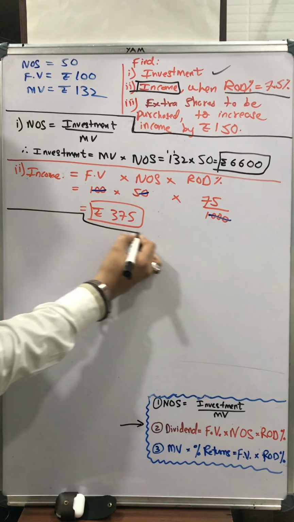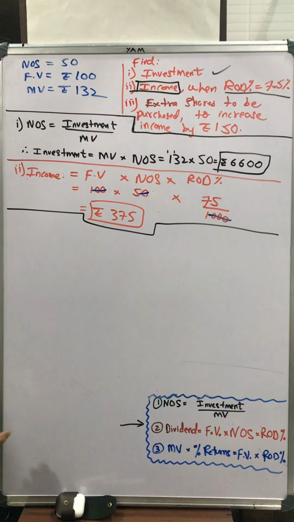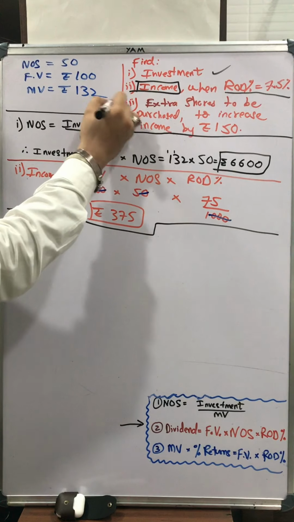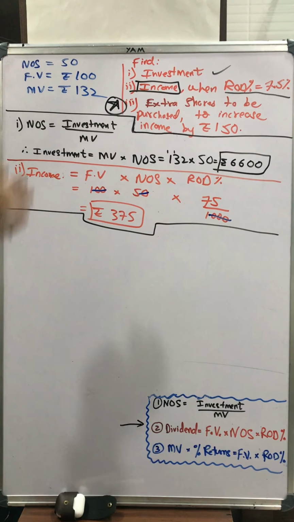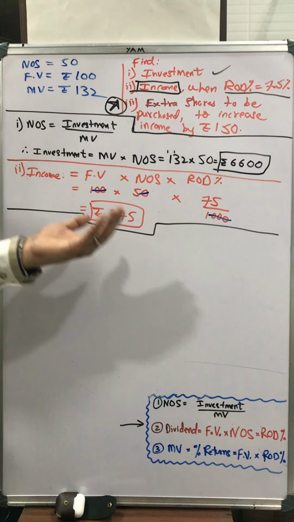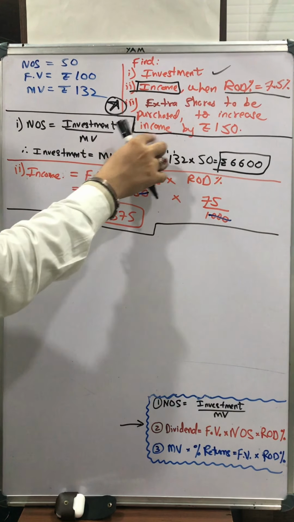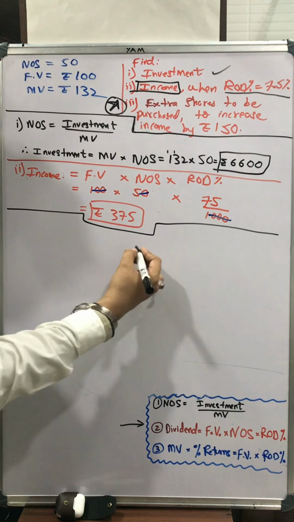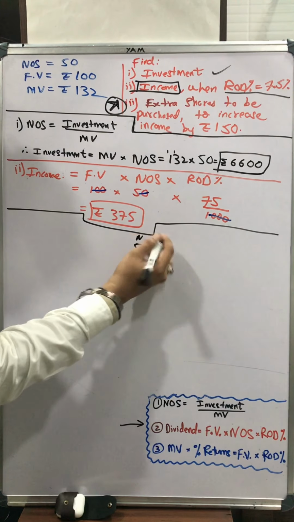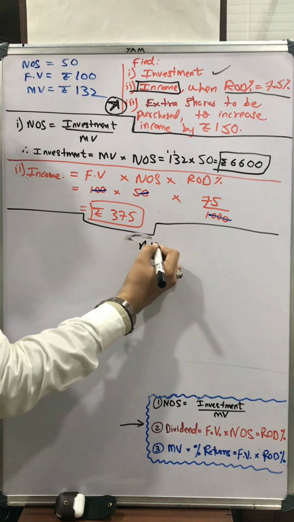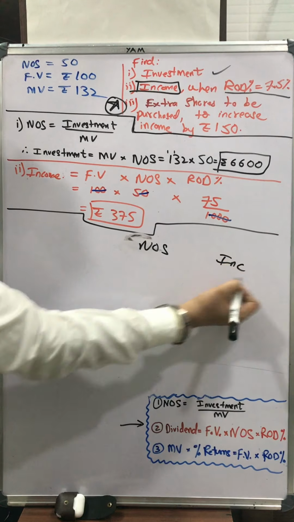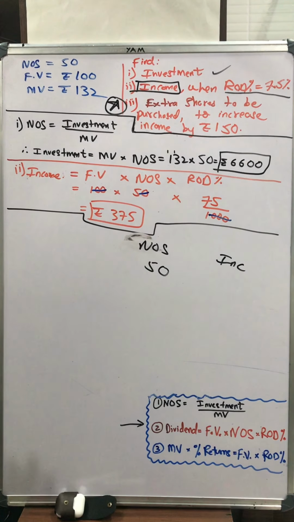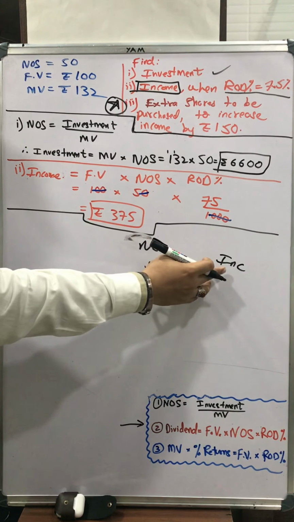Next, moving on to the third sub question, a very important one, please understand this. Extra shares to be purchased. How many extra shares will Salman purchase to increase his income by rupees 150? Right now Salman has 50 shares. So here I'll write number of shares, and here income.